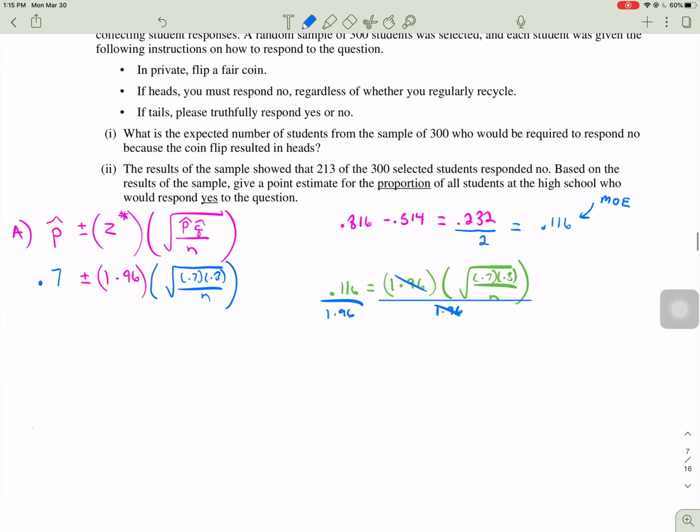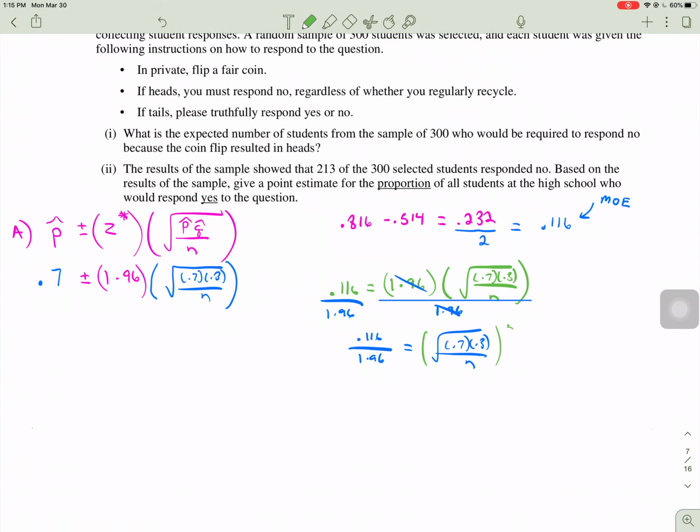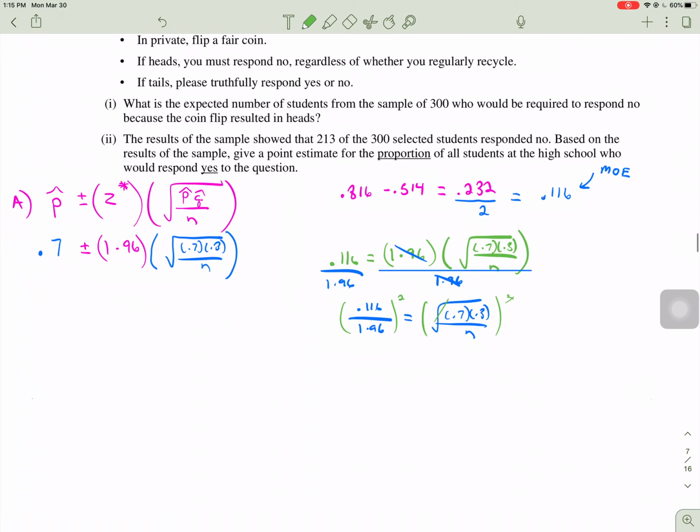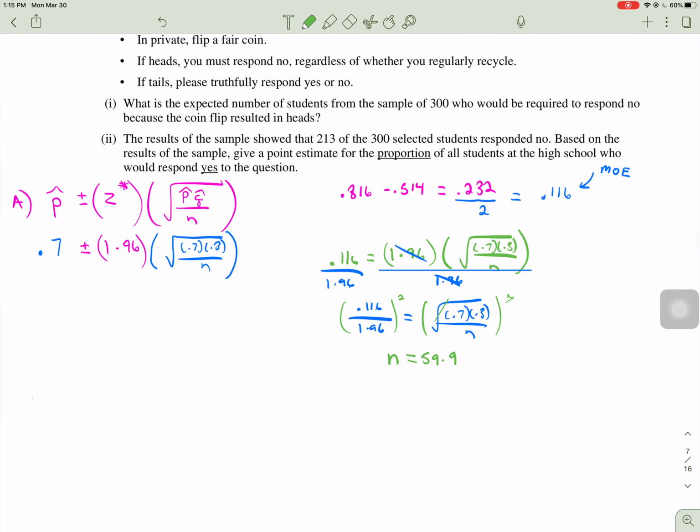And then we get 0.116 over 1.96 equals the square root of 0.7 times 0.3 over n. We can square this whole side, cross multiply and solve, and eventually you will get n equals 59.9, which means they're most likely, we can just say 60 people.